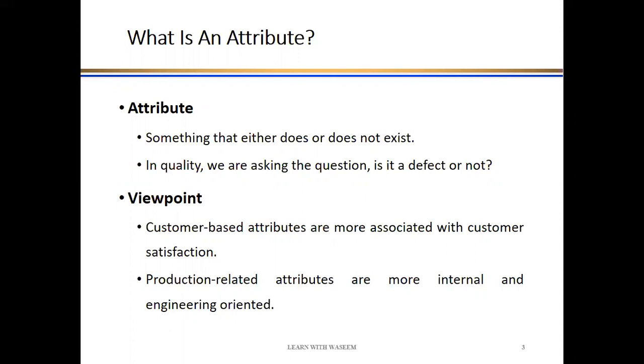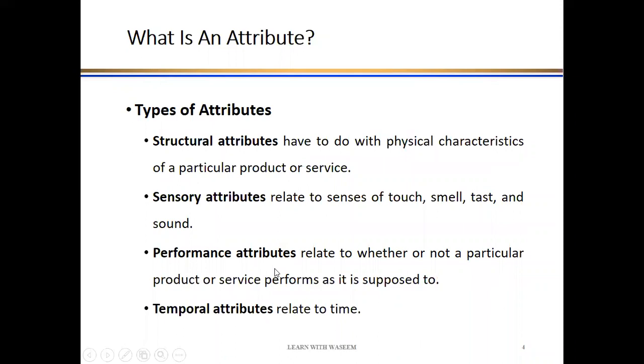Customer-based attributes are more associated with customer satisfaction, whereas the production-related attributes are more internal and engineering oriented. We have 5 different types of attributes, and here we are going to discuss 4 of them.